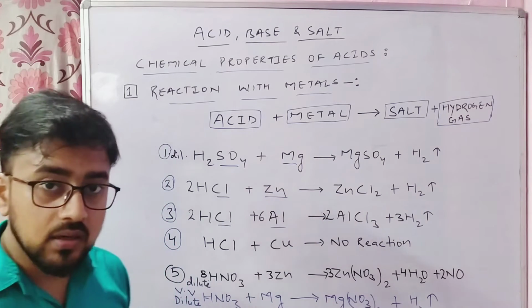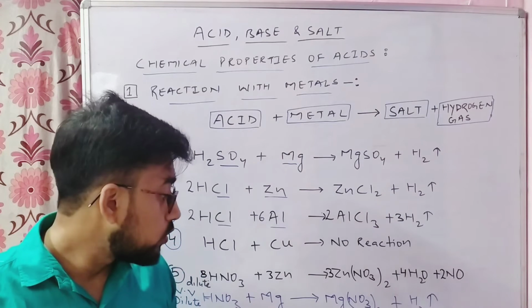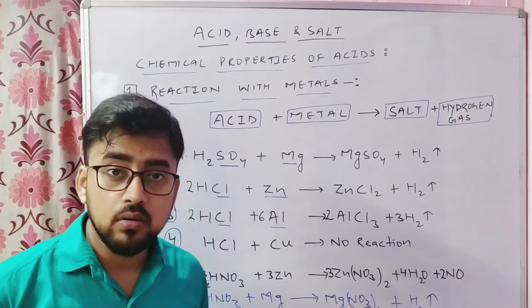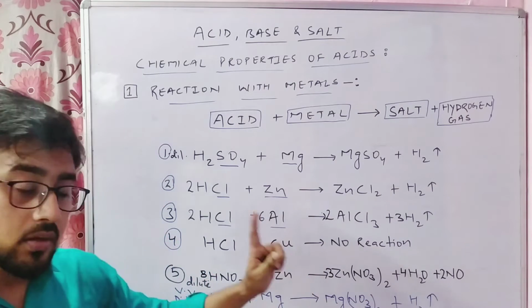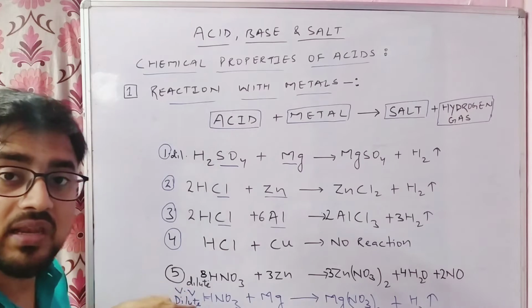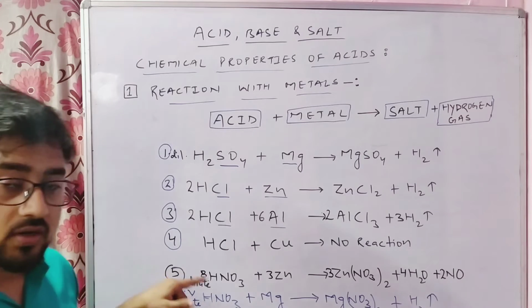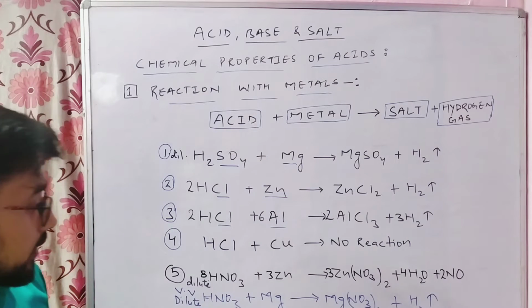So remember, in the case of magnesium and manganese, a normal reaction will occur, meaning normal salt and hydrogen gas is produced, but only when the nitric acid you have taken is very, very dilute.